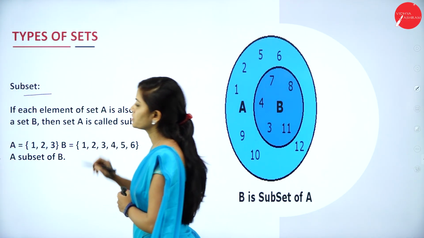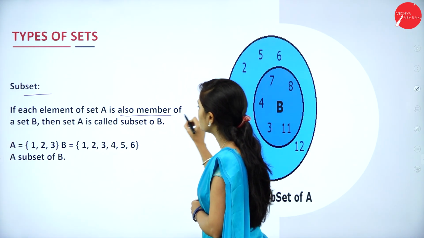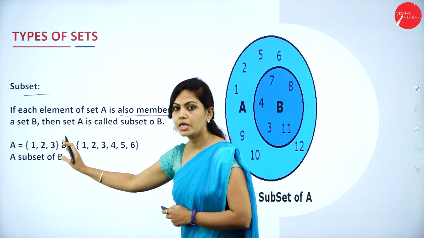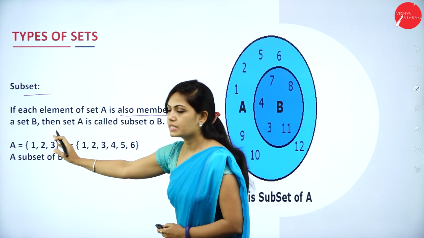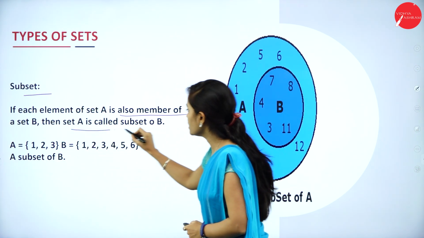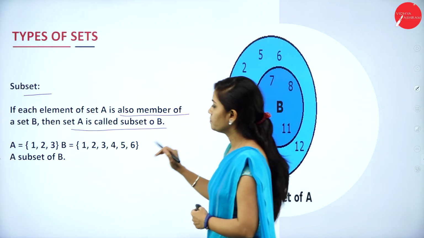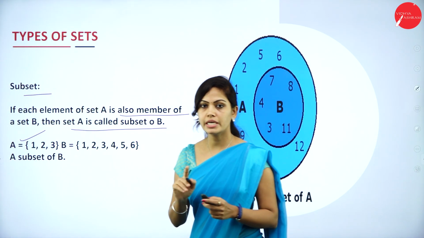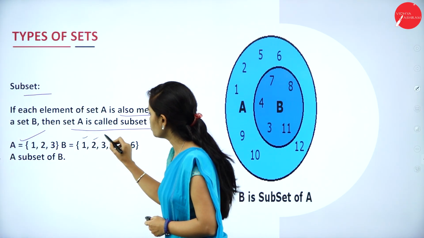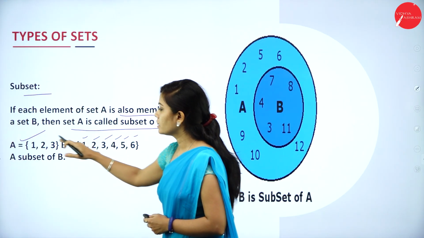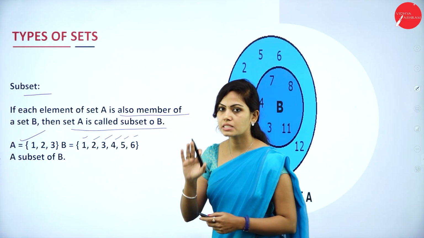What is a subset? If each element of set A is also a member of set B, then set A is called a subset of B. Example: here I have set A with elements 1, 2, 3 and in set B I have 1, 2, 3, 4, 5, 6. In A the number of elements is 3 but in B it is 6.